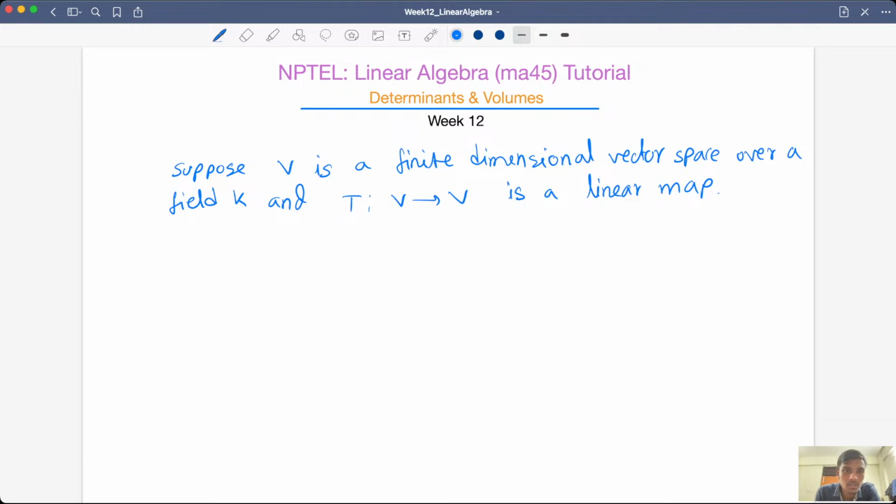Then we can define the determinant of this function as follows. Let V1 through Vn be a basis of V over K, and then we can write the image of any Vi under T as some linear combination of these basis vectors, right?